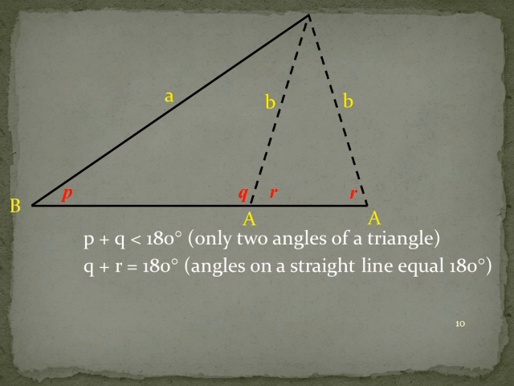If we look to the centre, we know that Q plus R equals 180 degrees because you've got angles on a straight line. So therefore P plus Q from the first equation is less than Q plus R, second equation.